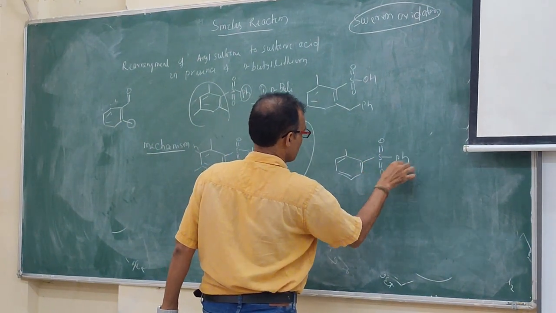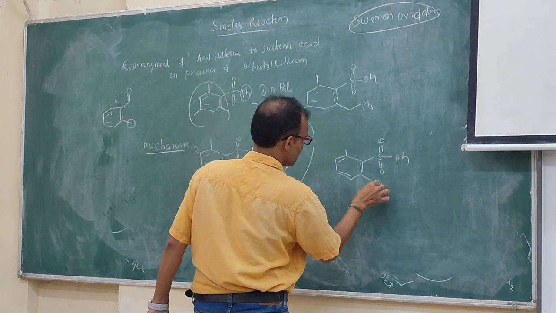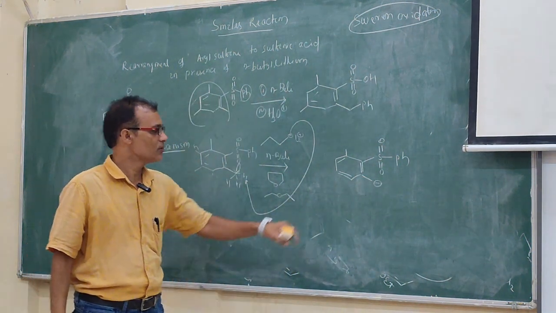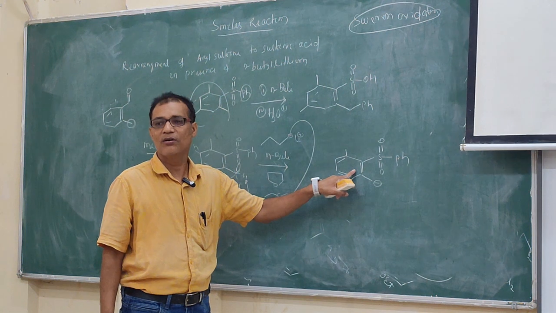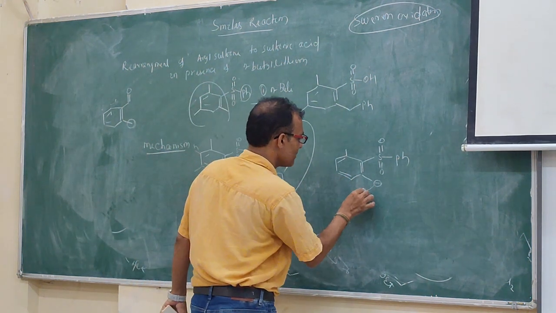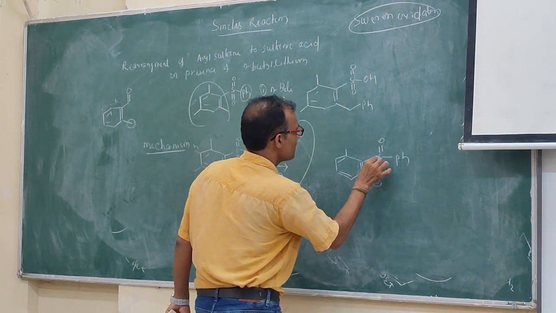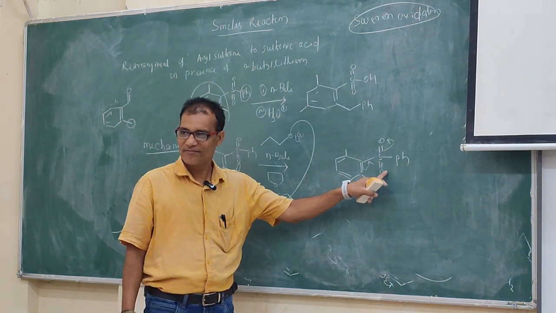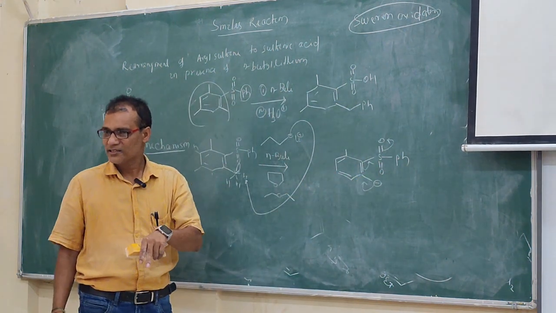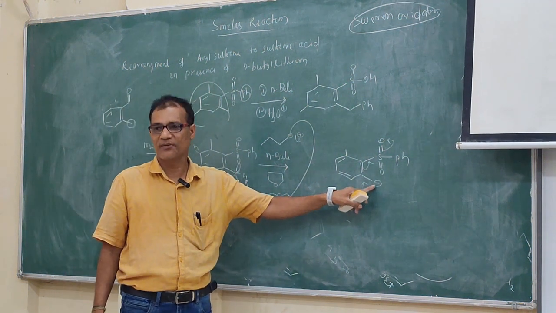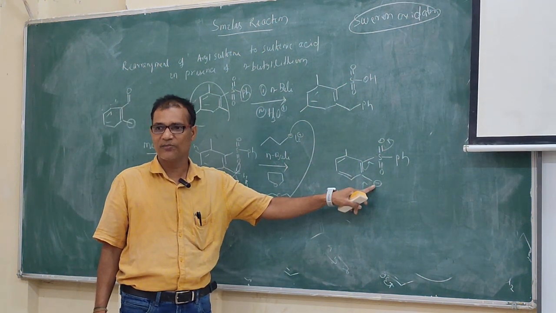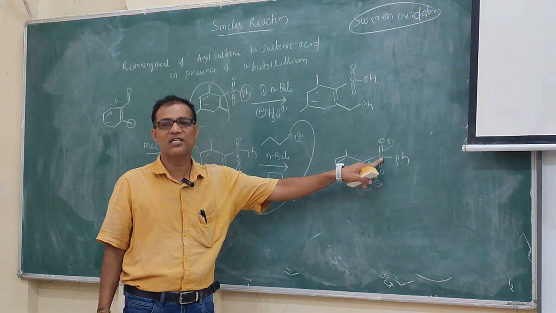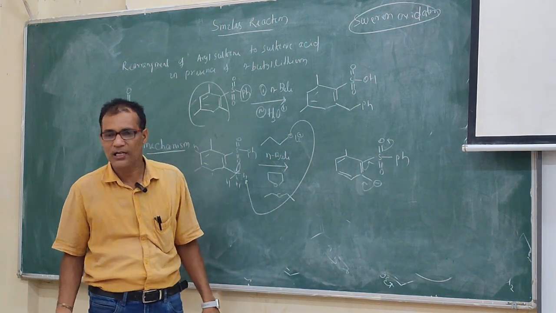Now minus. Why? This will be stabilized here. How? See here, this goes to here, this goes to here. Also this can go this way also. Is it clear? The minus charge formed at the ortho position, the benzylic position, by n-butyllithium would be stabilized by the electron withdrawing nature of sulfur. Clear?